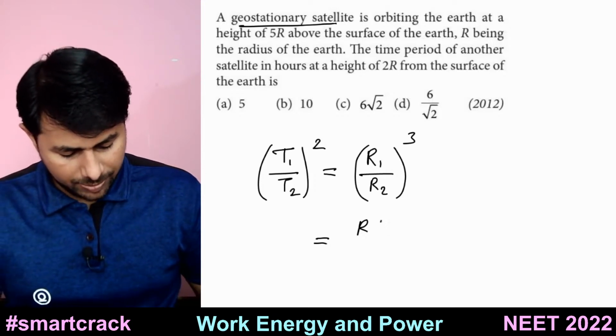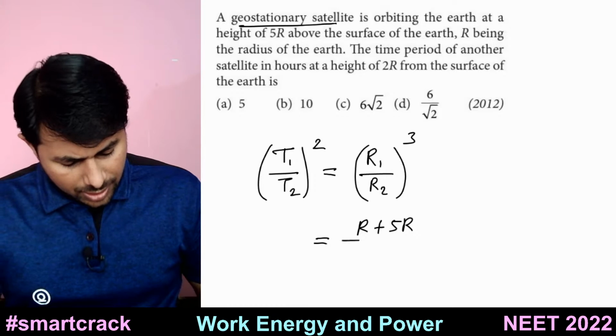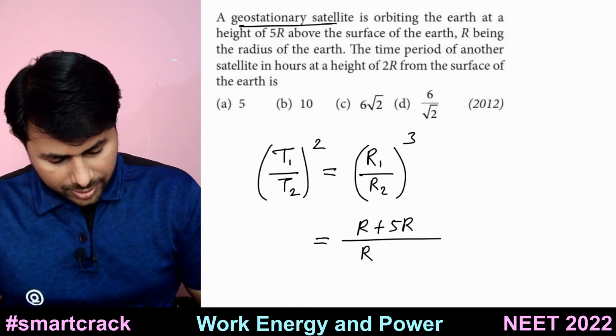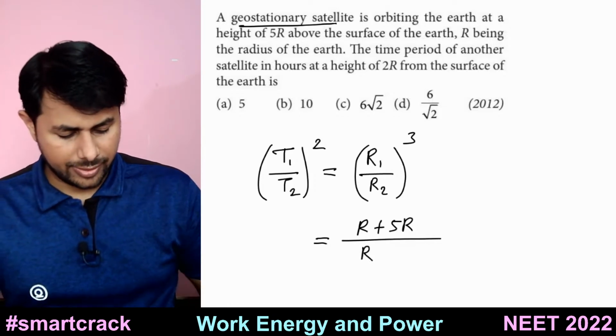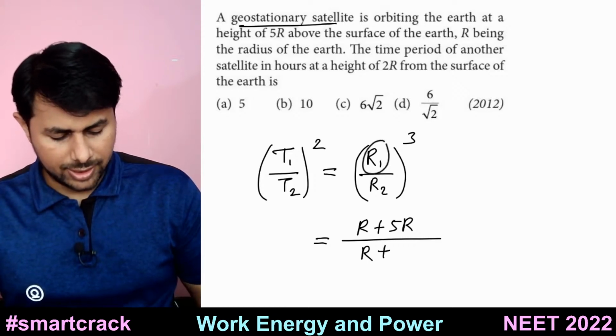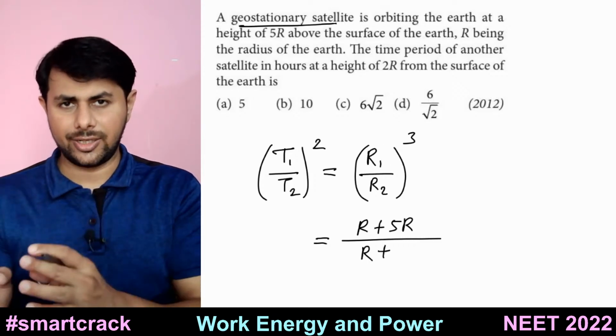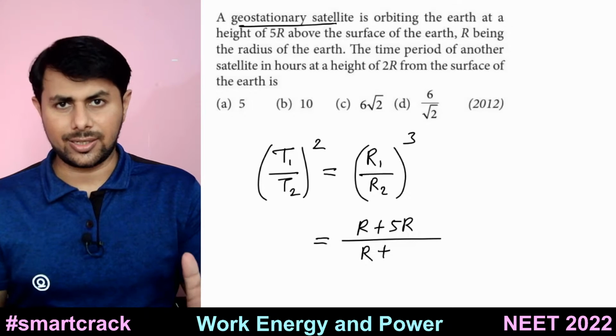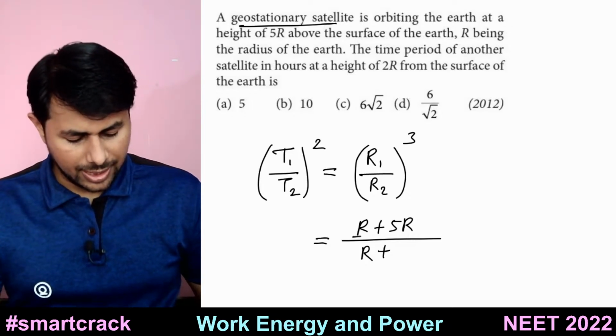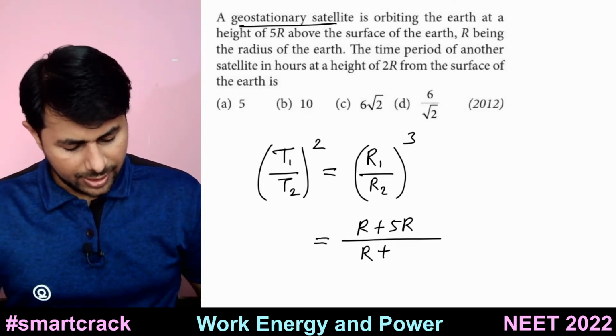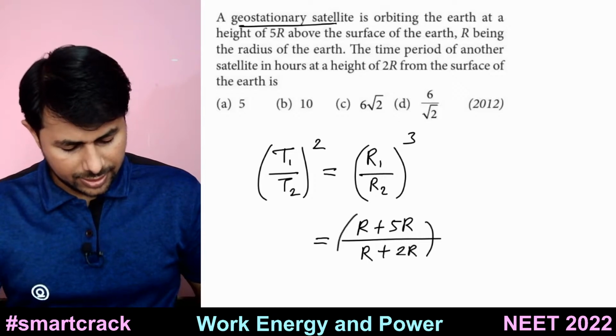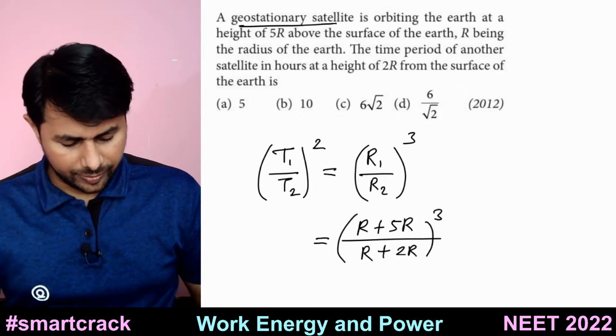r1 equals r plus 5r. r2 is r plus 2r. This is the total distance, that means the radius of Earth plus the height of the satellite. So it is r plus 5r in the first case, r plus 2r in the second case, raised to 3.